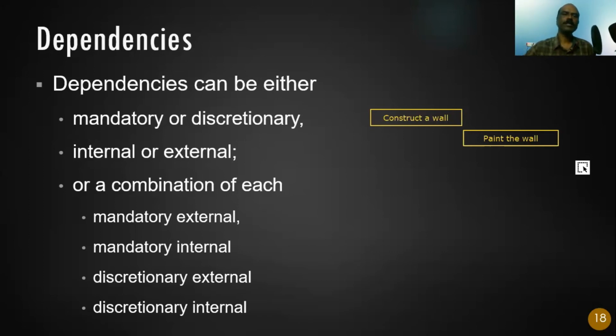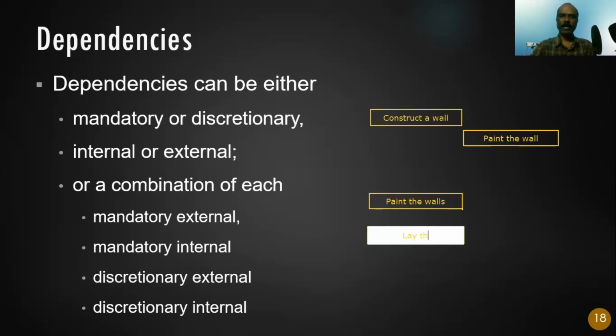Now let's look at some other example. Let's take again the same example. Now let's say I need to paint the walls. Let's say the entire room I need to paint the walls. And I also have another activity which is like lay the carpet.